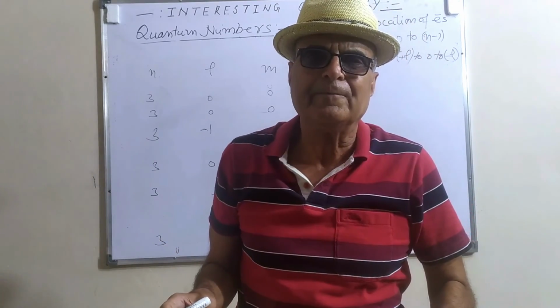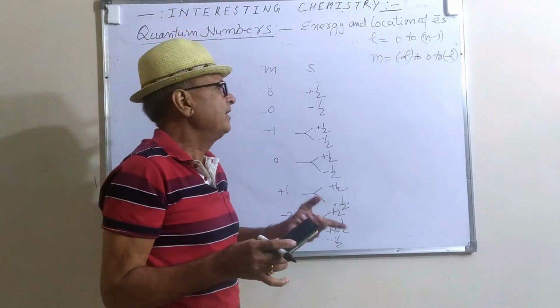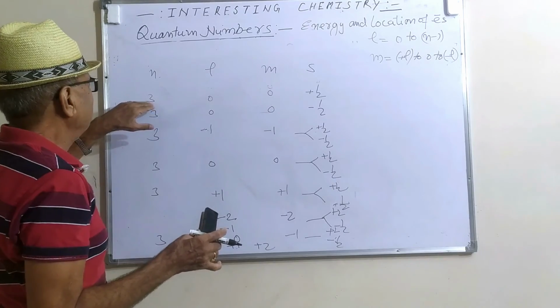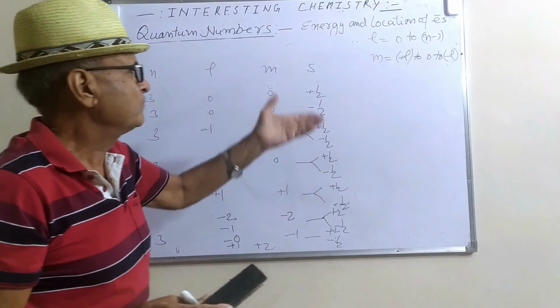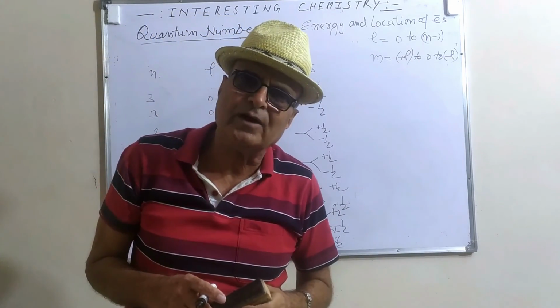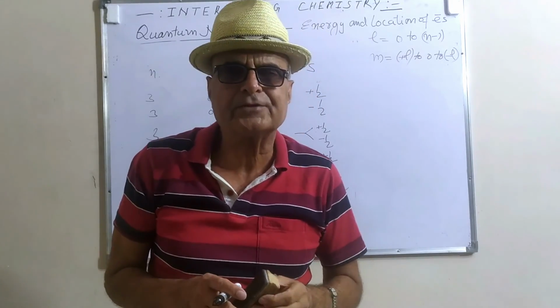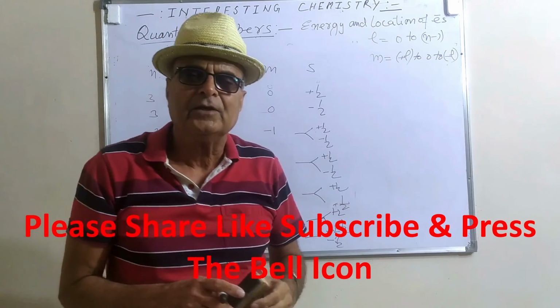In this way, if I ask you about the electrons in the third shell, fourth shell or second shell, how will you find the values? You can easily find the values of different quantum numbers with the help of this table.